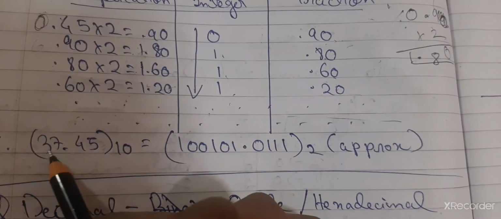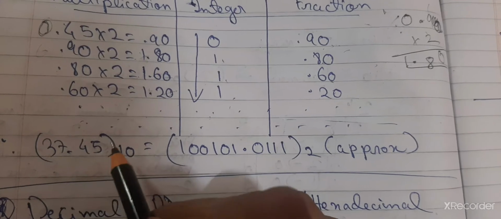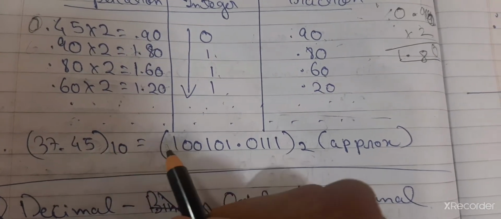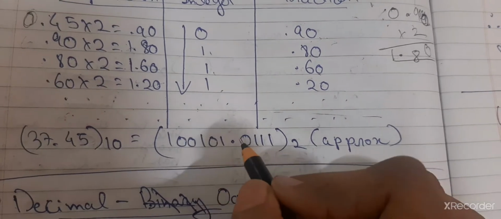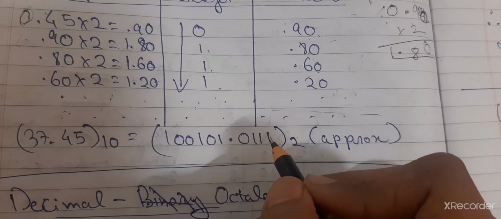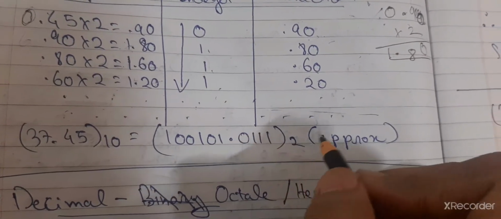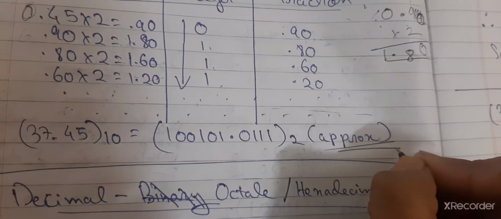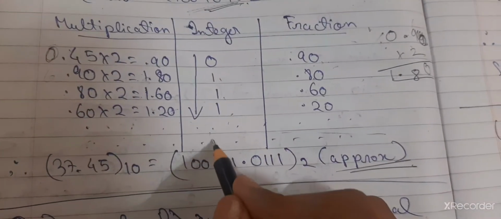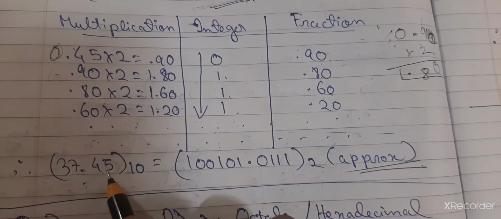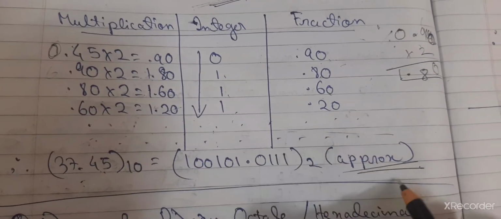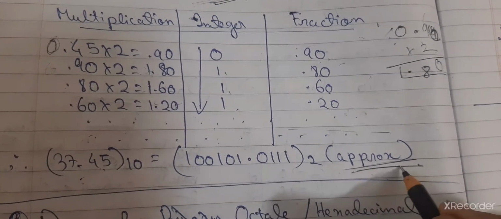So the binary form of 37.45 base 10 is 100101.011 base 2. We of course need to write approx, since this will continue. The fraction part of this will continue, so obviously we need to write approx.